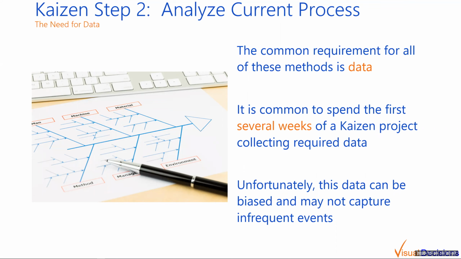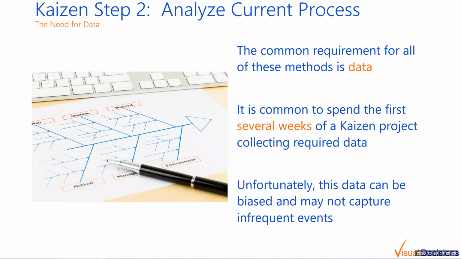One more thing I'll say about standing out there with a clipboard and a stopwatch: the Hawthorne effect means that you're going to collect biased data. When somebody knows that they're being watched, they behave differently. If you're driving on the road and you see a policeman on the side of the road, you slow down. It's the same thing at these stations.